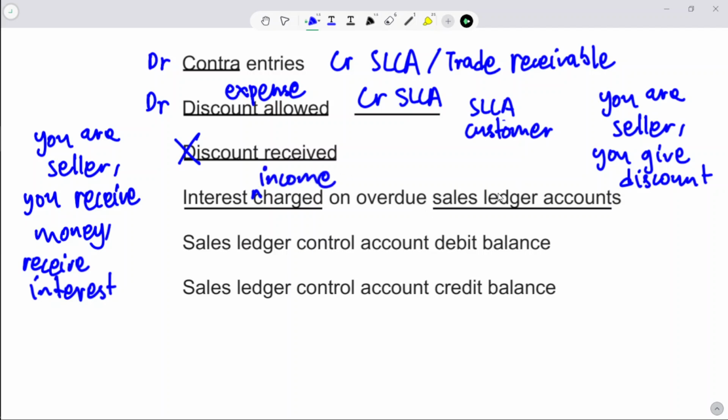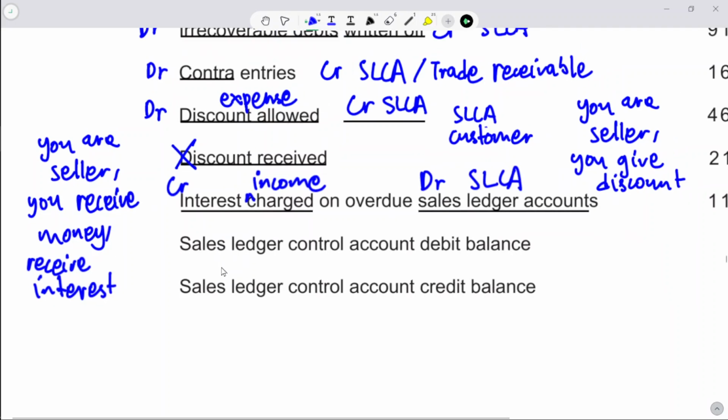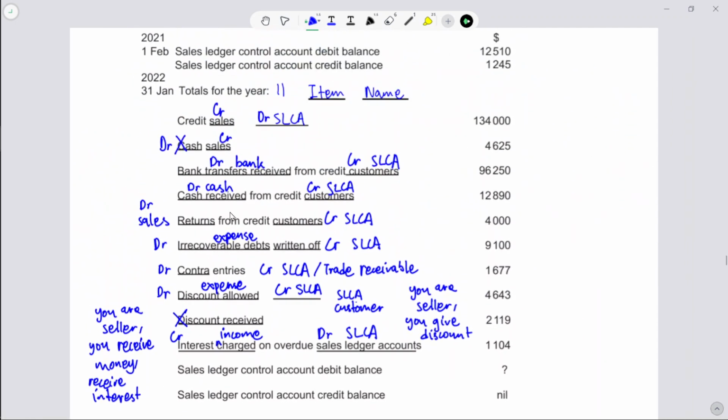So interest income is credit. Then if there is one credit, another one will be debit. Sales ledger account is SLCA. So this is the thing.